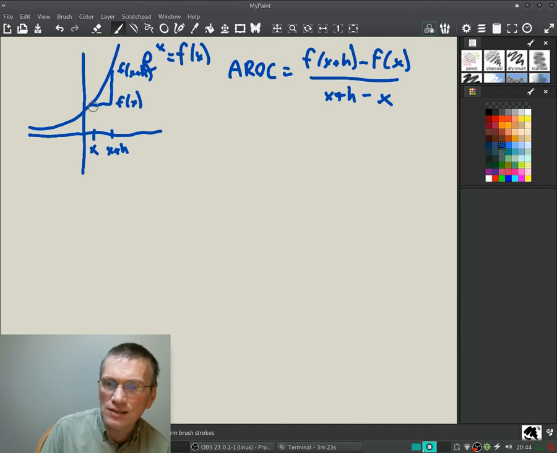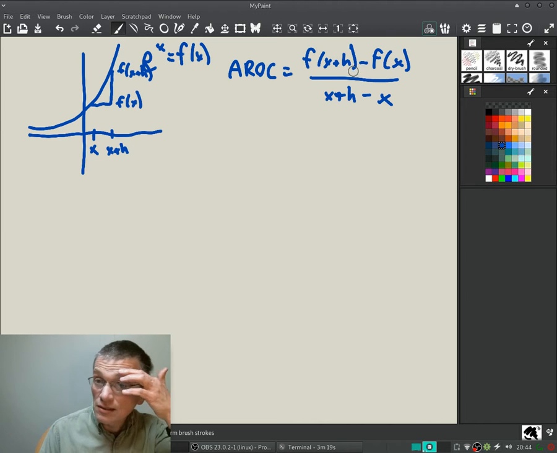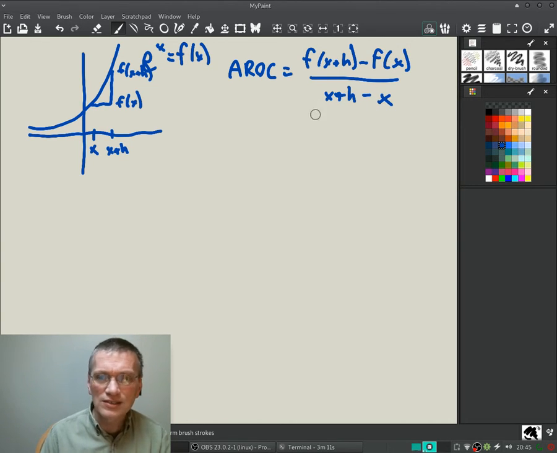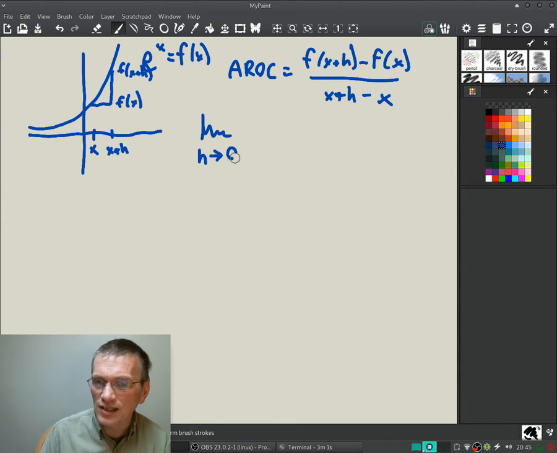But as this size goes to 0, this function ends up going to f of x minus f of x over x minus x, so it ends up being 0 over 0. We have to do something funny to get the limit of these. So we're interested in the limit as h goes to 0. This is the heart of calculus. Of this thing, I'm going to write it again. It's so important, you should see it again.